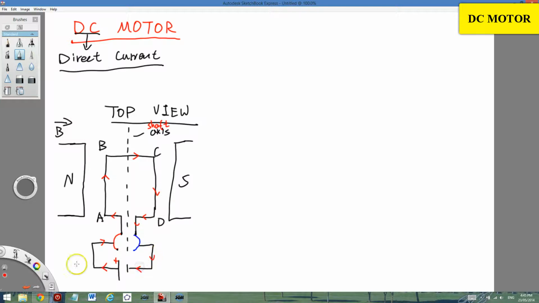The important thing is this device, which I drew in red and blue. This device is called a commutator. It is perhaps the most important device in a DC motor. I will show you what it does next.